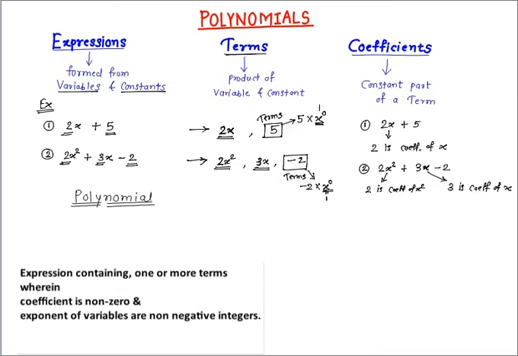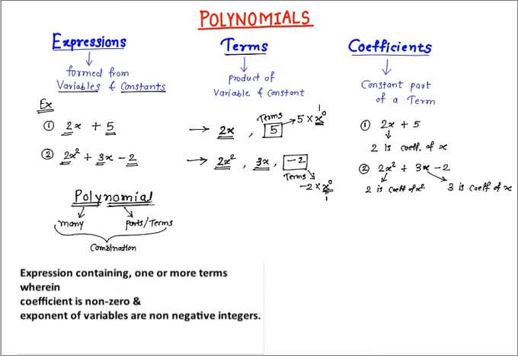Now let's see how it helps us understand the polynomial, how we can define polynomials. If we look at the word polynomial, it has two parts. Poly means many and nomial means parts or terms. So polynomial is the combination of many terms. So what is the standard definition of polynomial?